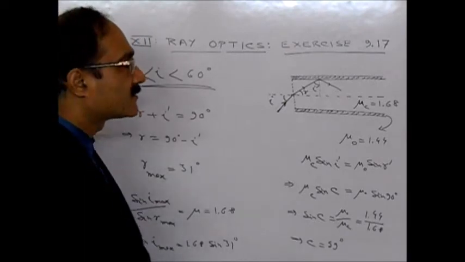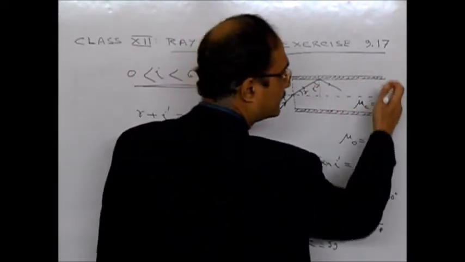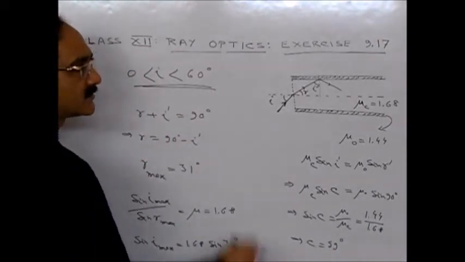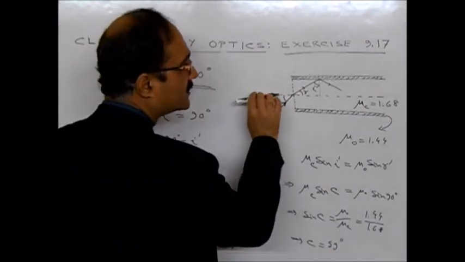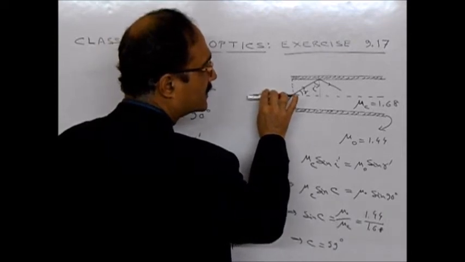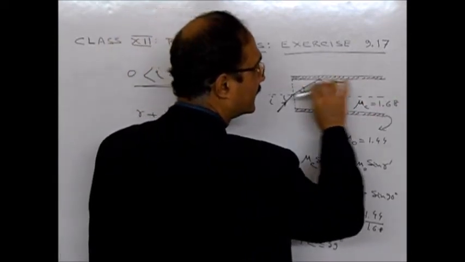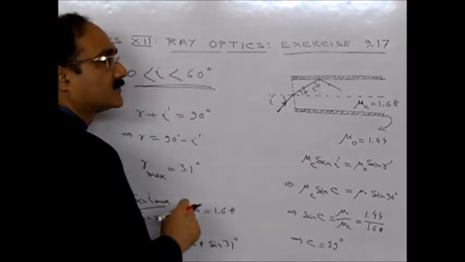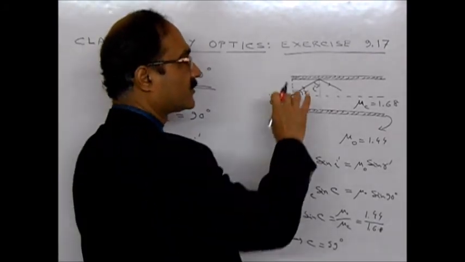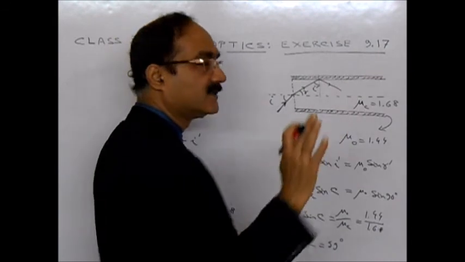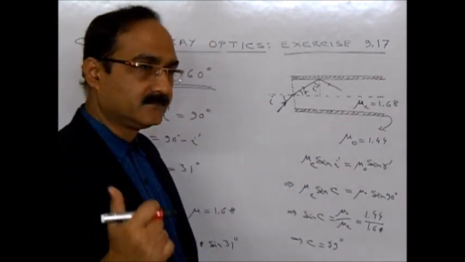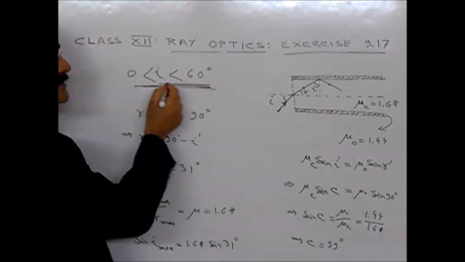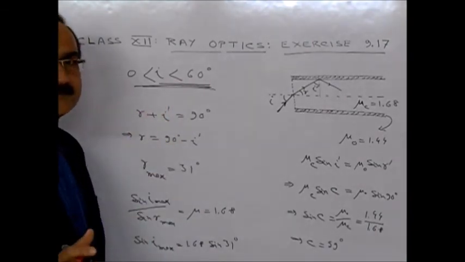But in practice, since the fiber has a finite length, the minimum value will not be 0, because 0 means it is incident straight along the axis, so it will go straight through. It will be some other value more than 0, which will depend on the ratio of the diameter and length of the fiber. But for exam purposes, what we found is sufficient for us. Okay?